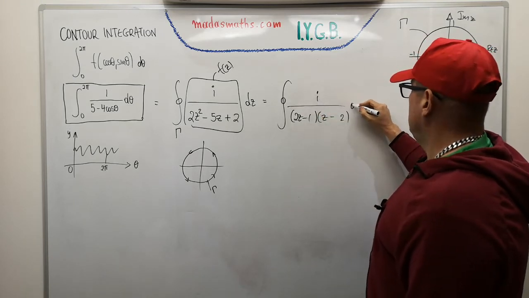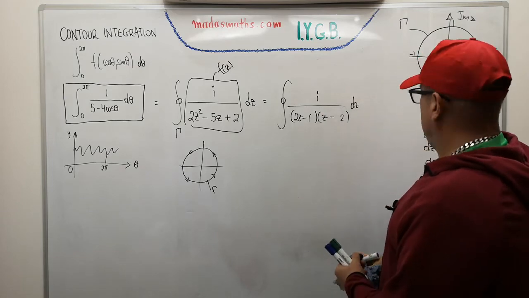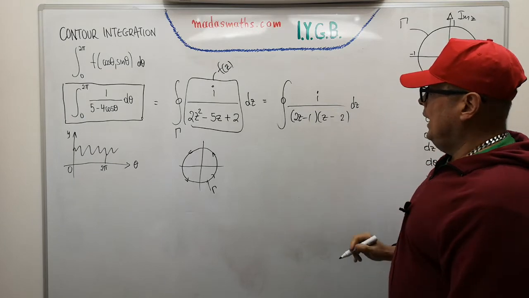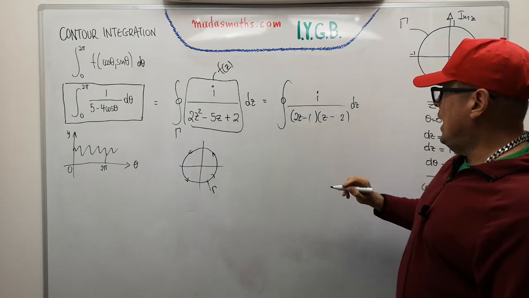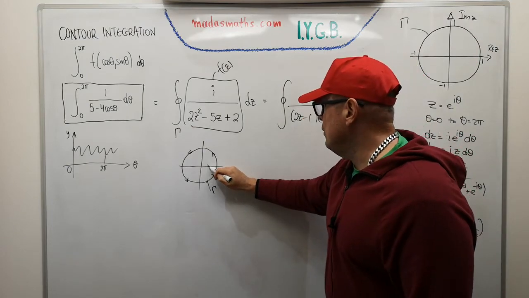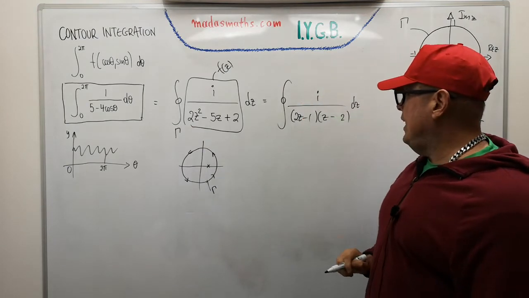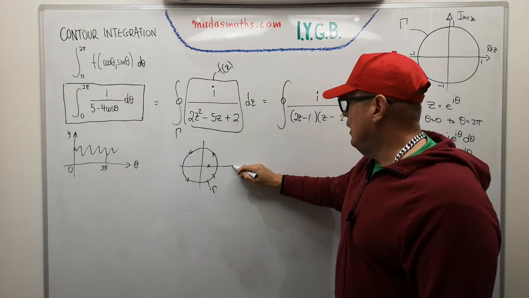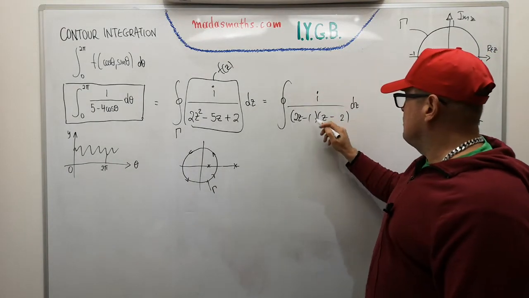Let's not forget the i. So it factorizes to this particular expression. So at the moment, clearly we have simple poles, and the simple poles are at z is equal to half, and this particular one is inside my curve somewhere there, while the other one is at z is equal to 2, so it's clearly outside the circle, and I couldn't care less about this particular one.